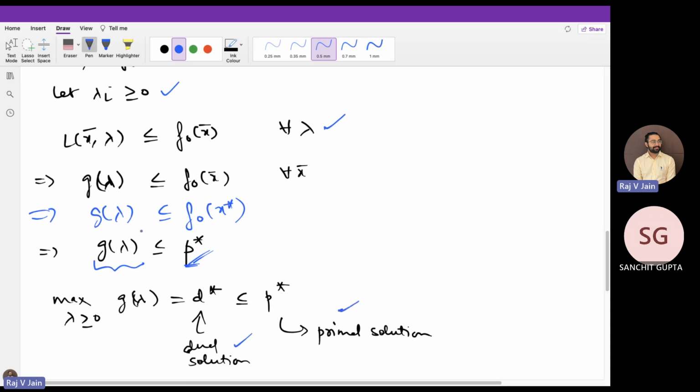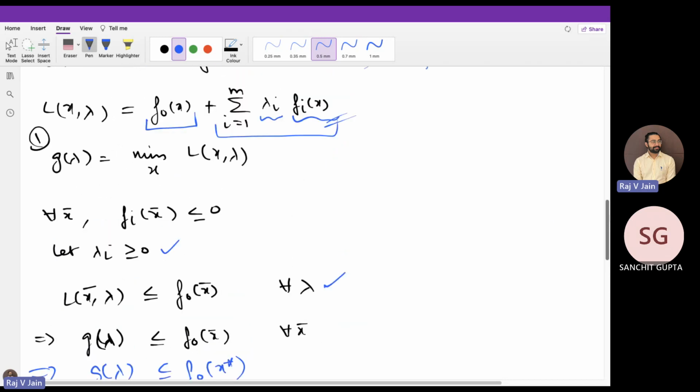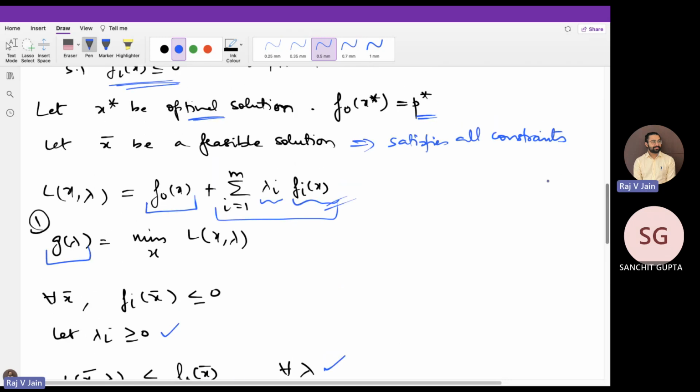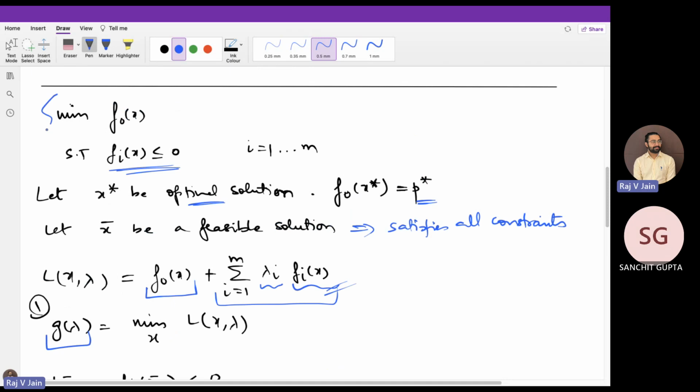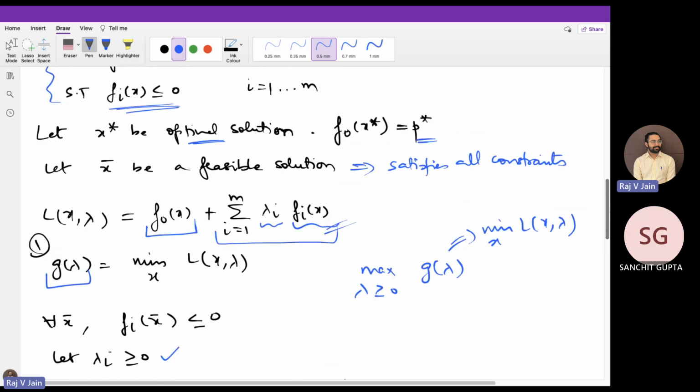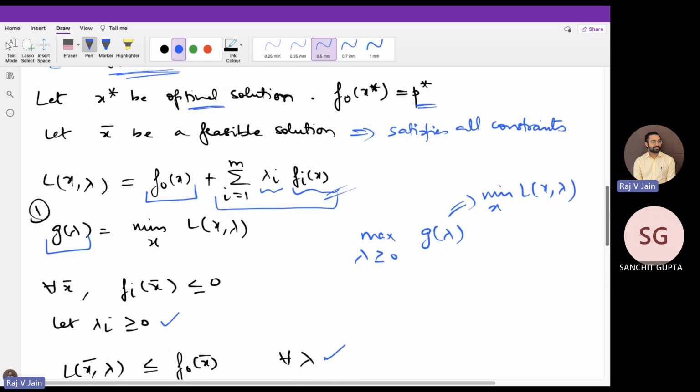Dual, because we have cast the problem into a different statement now, where we are looking at a maximization over this g of lambda. So this is called the dual problem of this primal problem. The dual problem is maximizing, over lambda greater than or equal to 0, g of lambda, where g of lambda is defined as the minimization over x of L of x comma lambda.